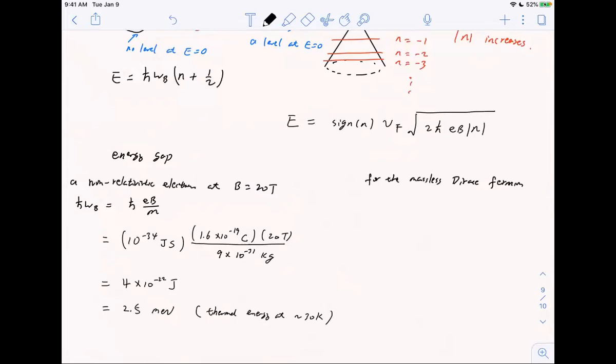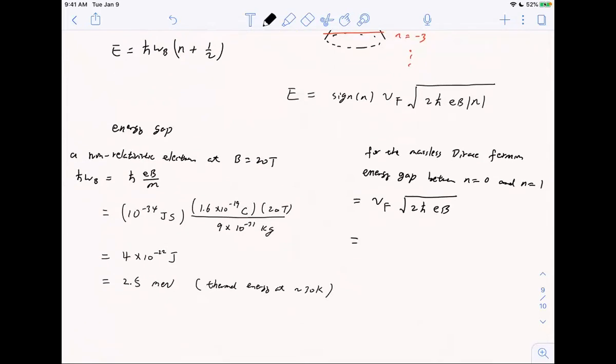Okay, the spacing here, the largest energy gap between n equal to 0 and 1, is equal to VF times the square root of 2 h bar eB. Then you put in the number. This is 10 to the 6 meter per second.